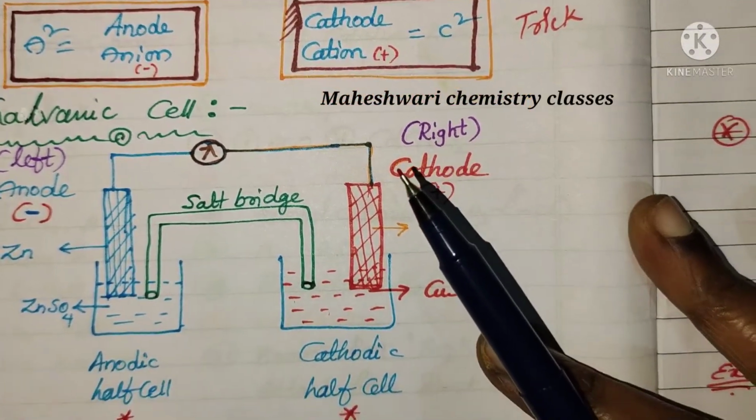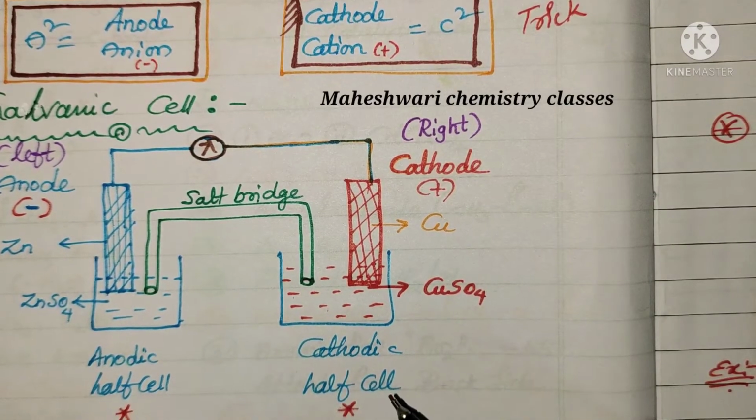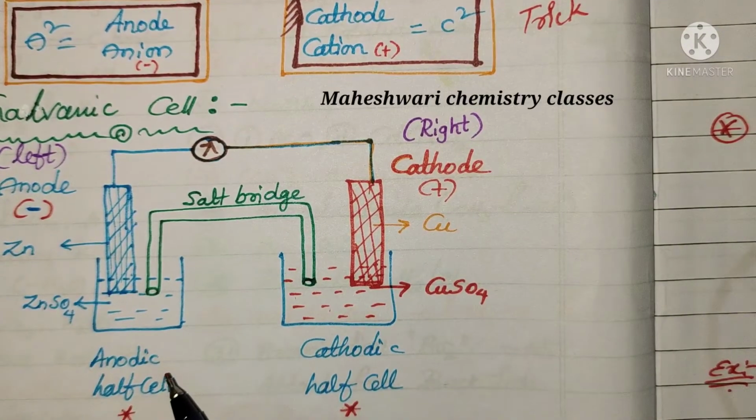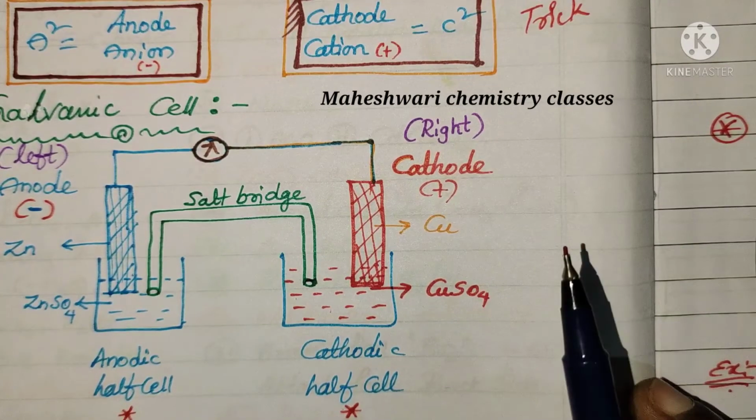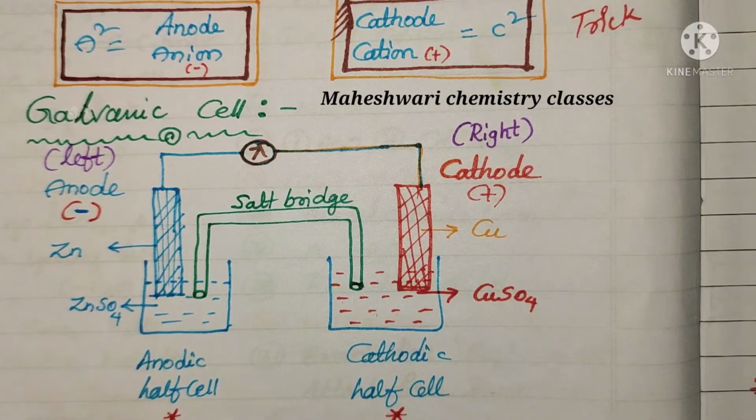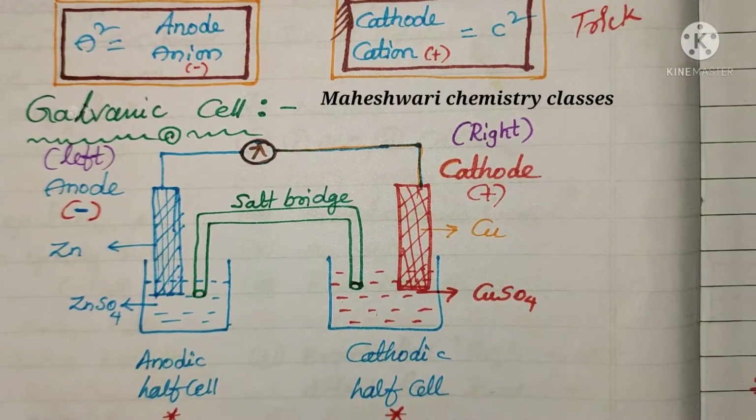See here, this is one half cell, and this is the other half cell. Anode and cathode are both combined to give one cell. Before going to write an electrochemical cell reaction, we should have an idea about the cell. Due to that reason, here I am explaining this galvanic cell skeletal structure.